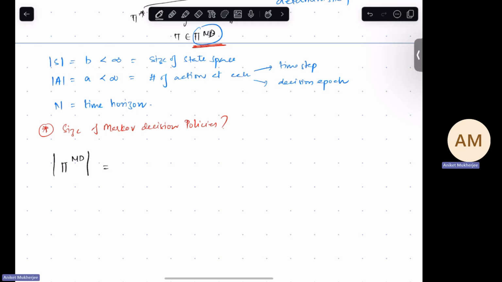First, we'll look at it for a single time step.